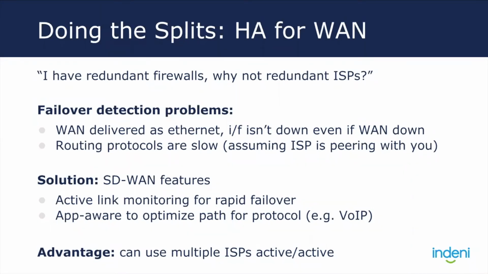The alternative is to use some routing protocols. That's assuming that your ISP is willing to peer with you. But even then, routing protocols are relatively slow for indicating that a link is down. Fortunately, there is a solution that's been built into FortiGates, starting with version 6.0, and that's SD-WAN.